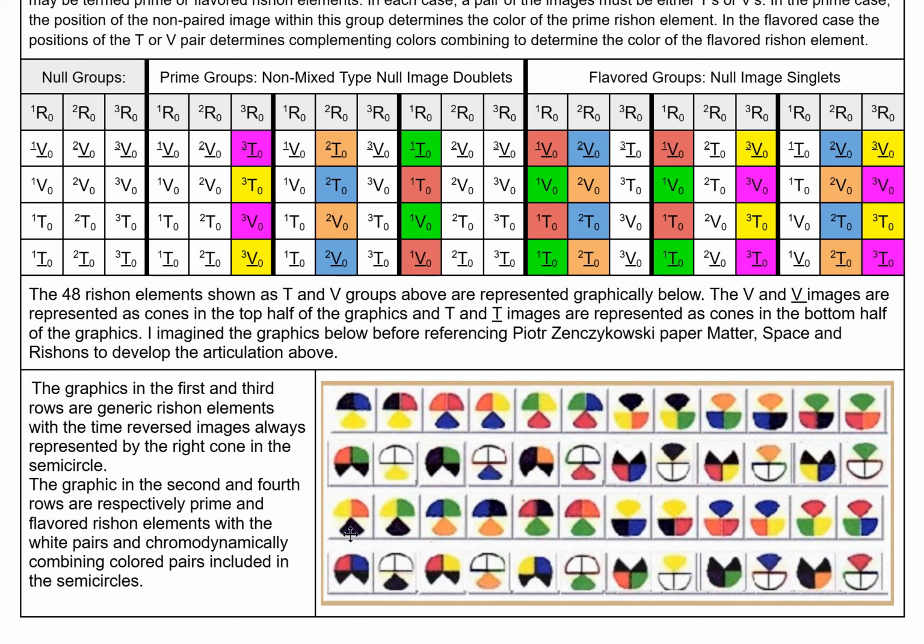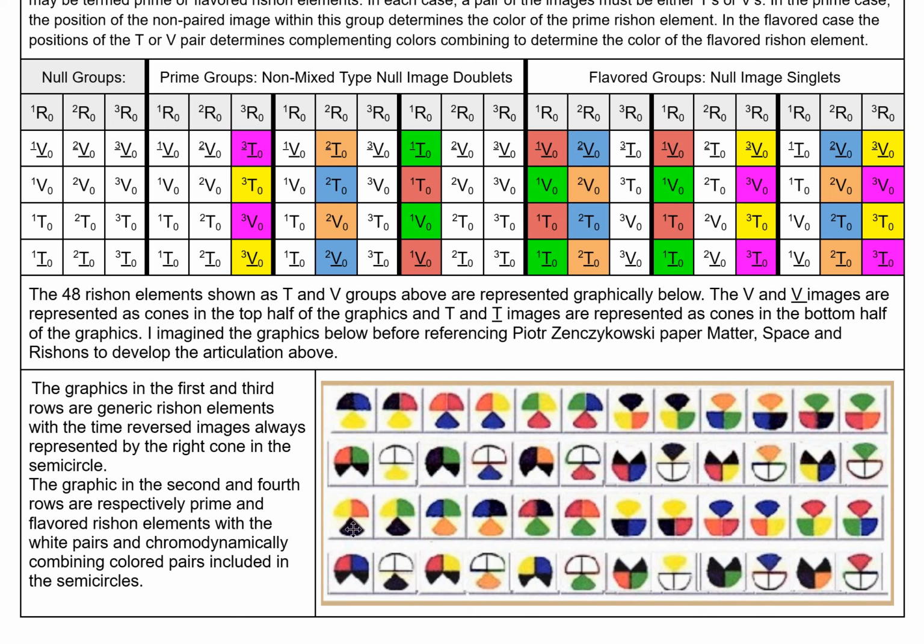So the first and third row, with the tan reverse images always represented by the right cone in the semicircle. So that means that if this is a T, then this is an anti-V.